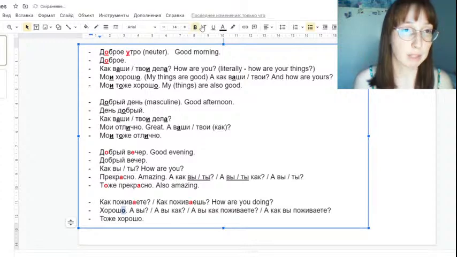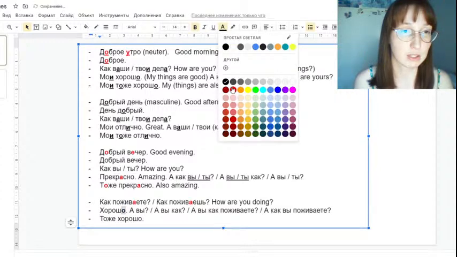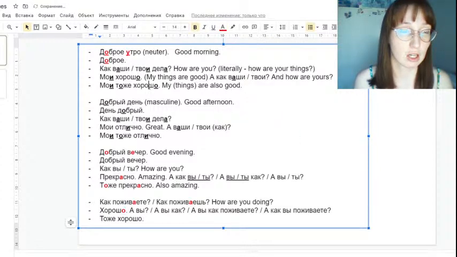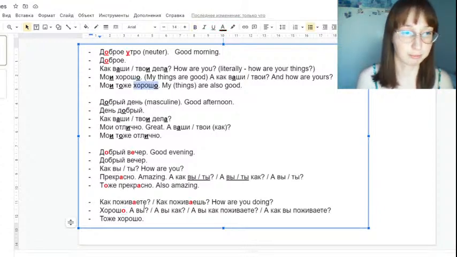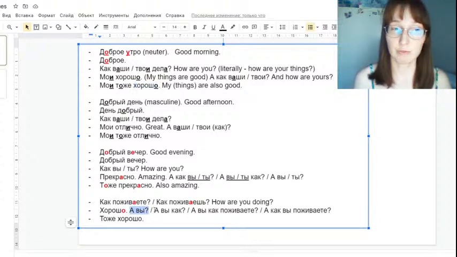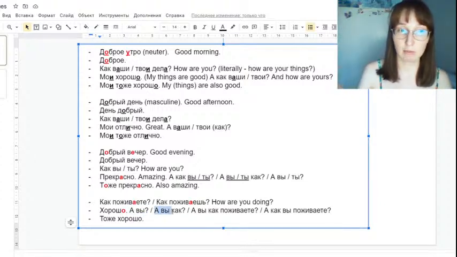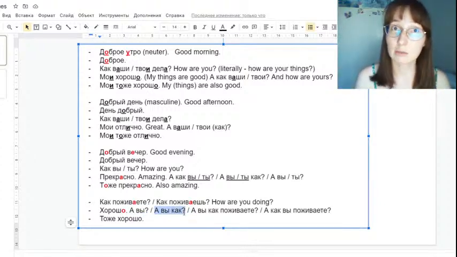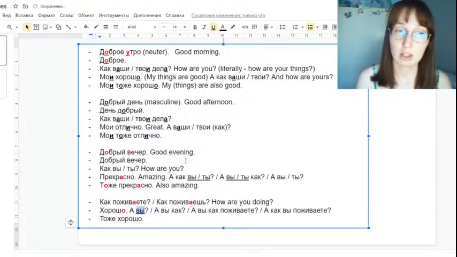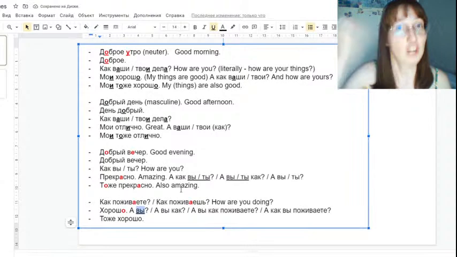Хорошо. I explained this word pronunciation here. Хорошо. Good. А вы? And you. Or you can add a word как. А вы как? Again, вы is a stressed word.